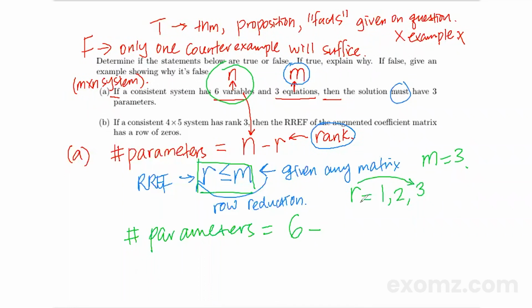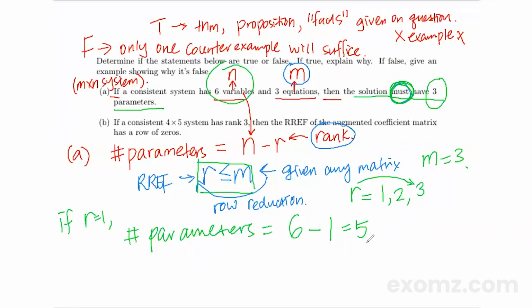However, since r can also take on the value of 1 or 2, in this case, if r equals 1, then the number of parameters here equals 6 minus 1 equals 5, which contradicts the statement here, that the solution must have 3 parameters. The fact that the statement used the word must means that 3 parameters is the only solution.